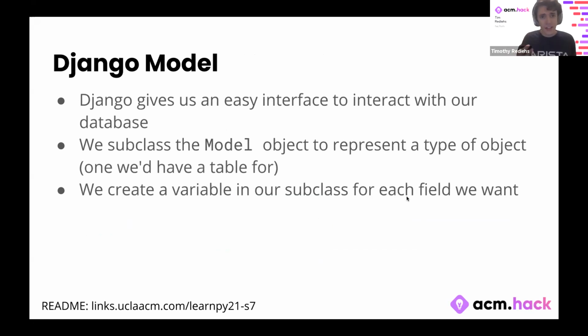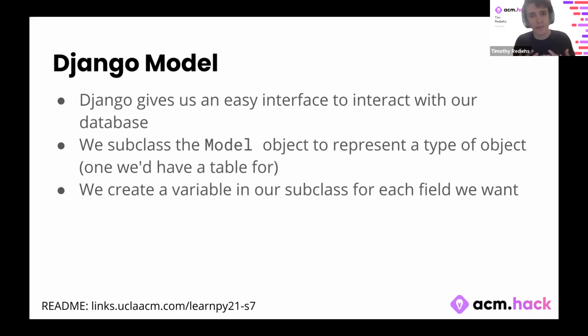So Django gives us an interface to our database that is a little bit easier to use than maybe just writing a SQL query. And to use it, we end up subclassing this model object that Django gives us to represent a specific kind of data that we want to store in a table.